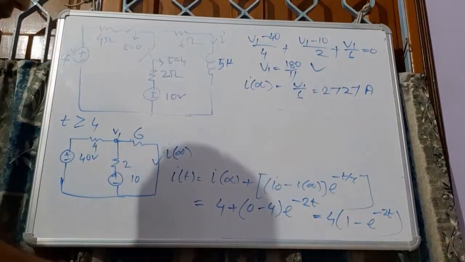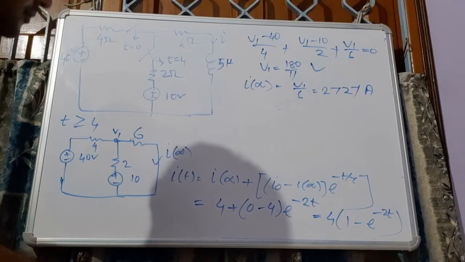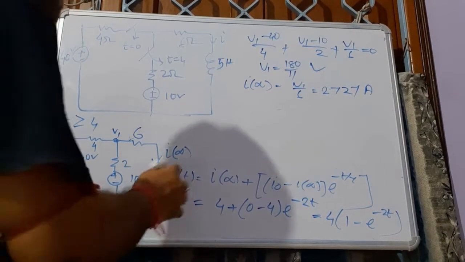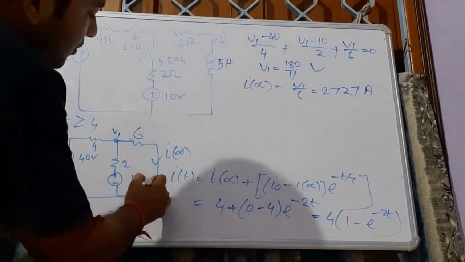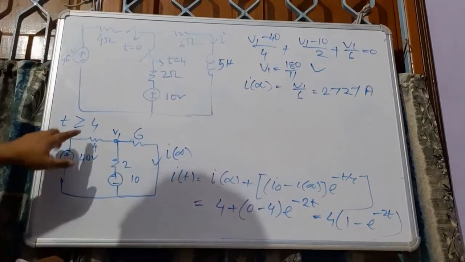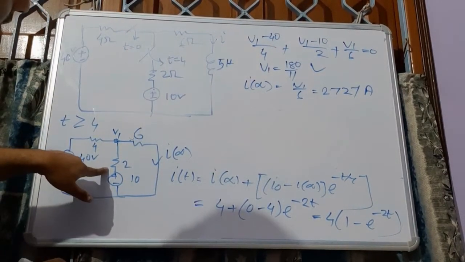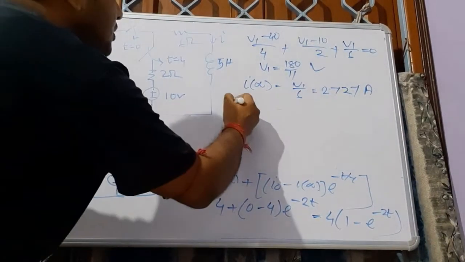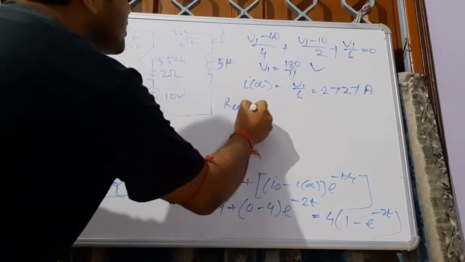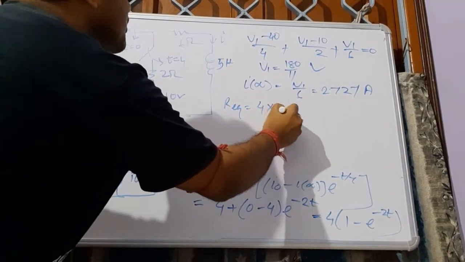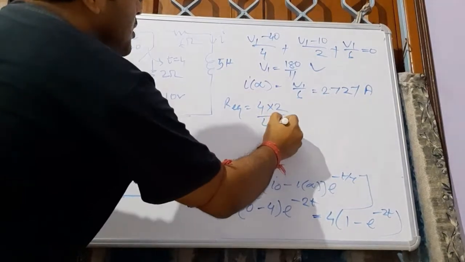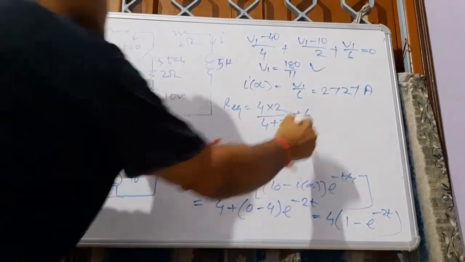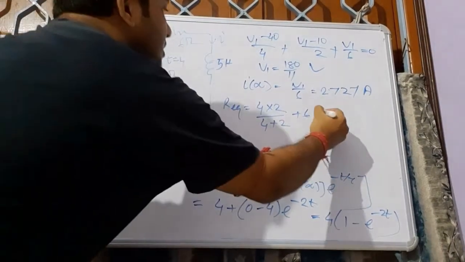Now what will be RTH, means R equivalent from this side: 4 parallel to 4 plus 6, right? What will be the value?